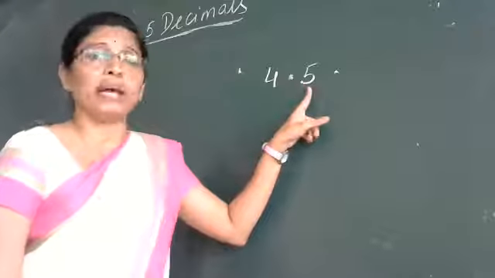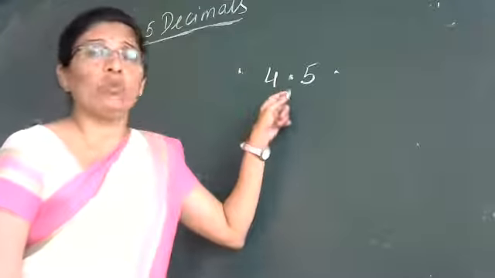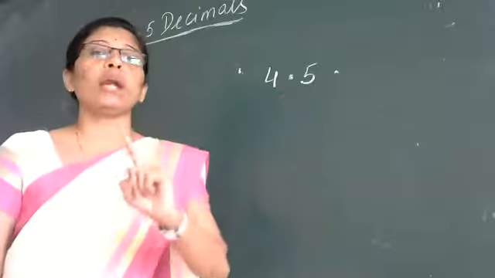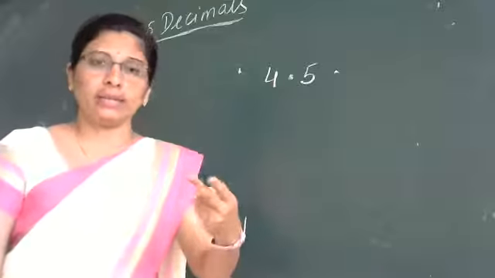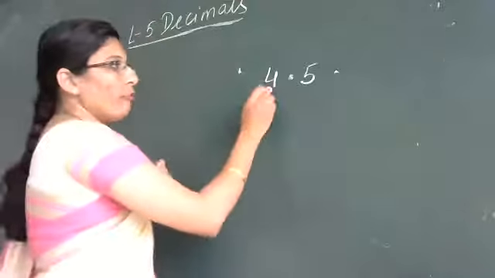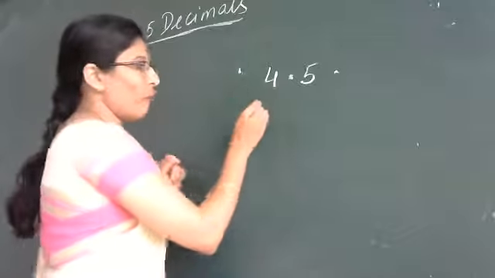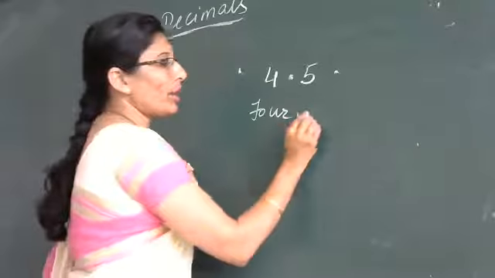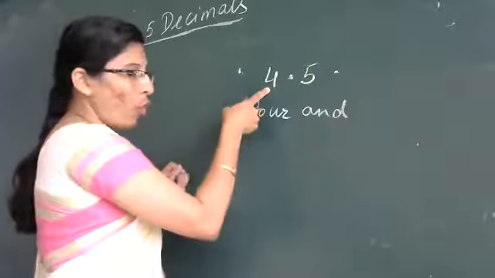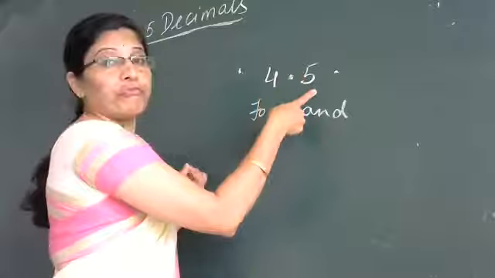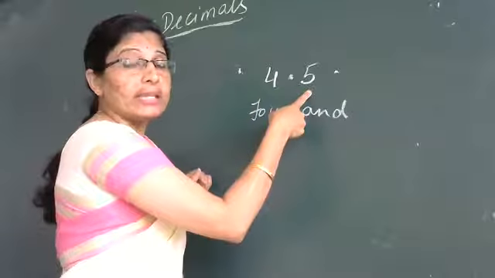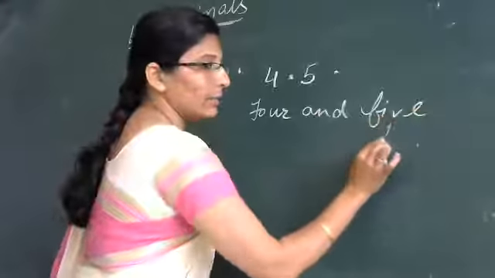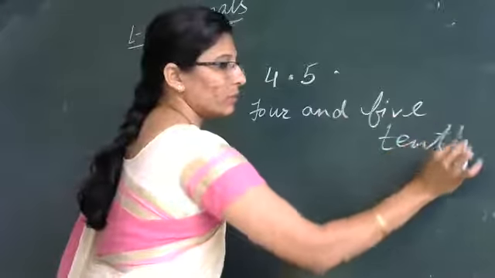Means 5 is in the 10th place, here 4 is in the 1st place. So it is 4.5. This is one method. Another method: here 4 as it is we have to say 4. Instead of point we have to say and. 4 and 5. 5 is in which place? 10th place. So 5 tenths.